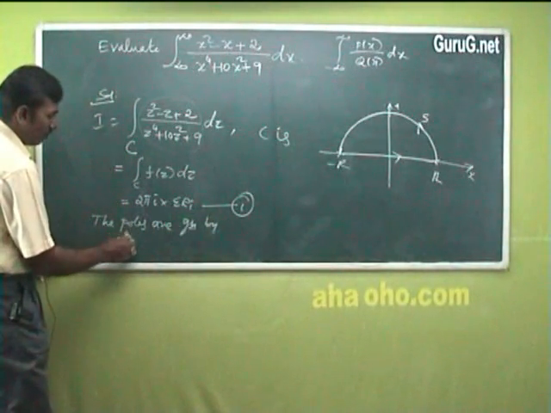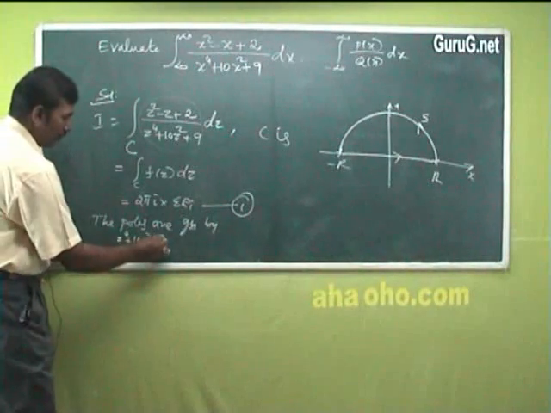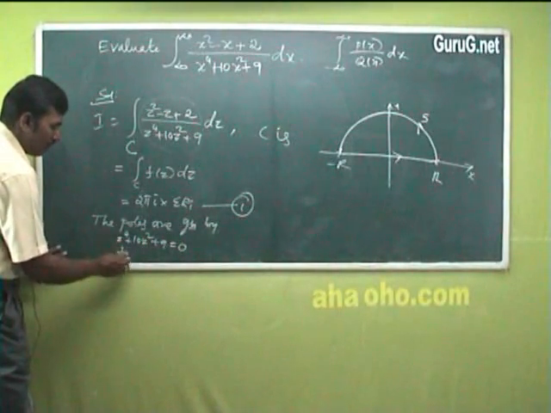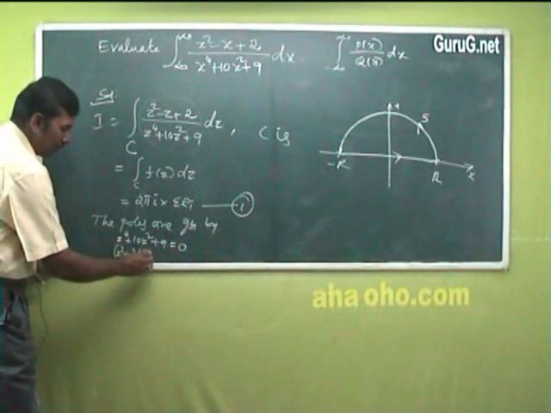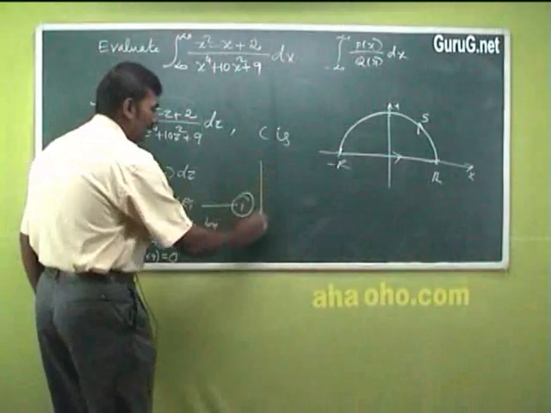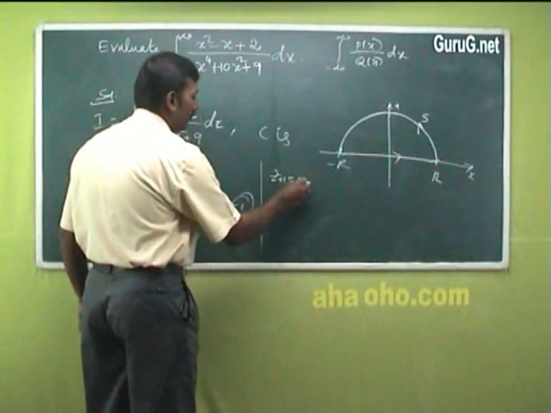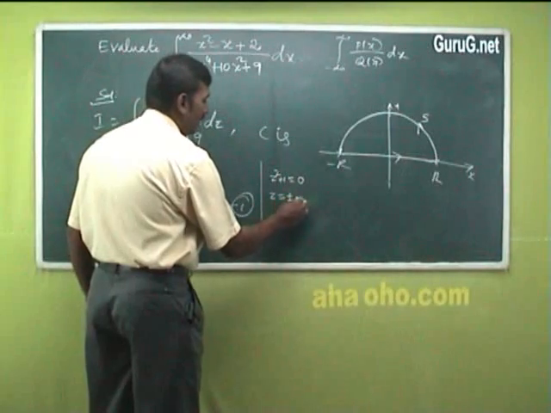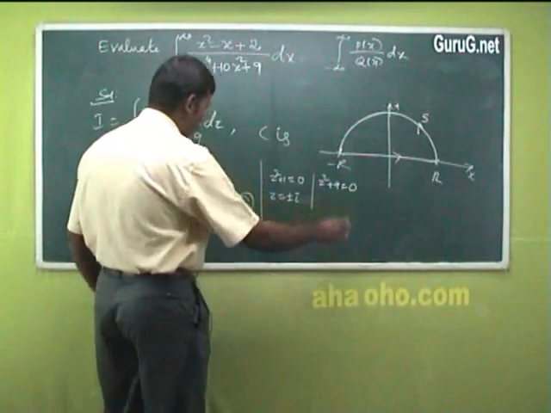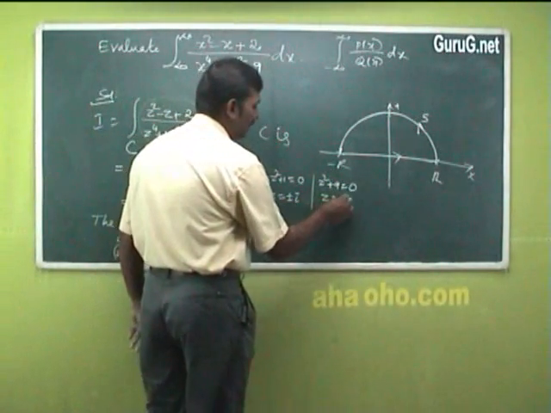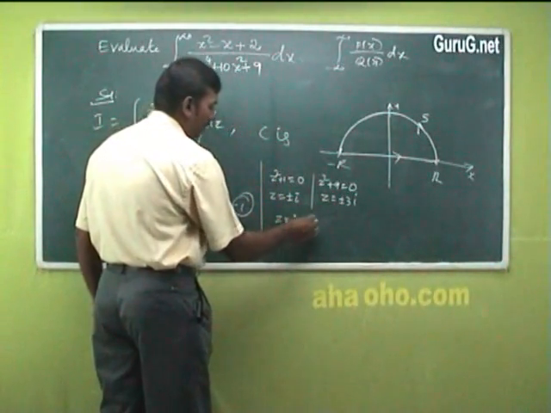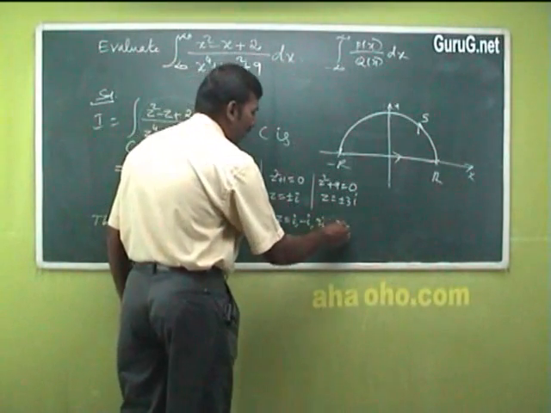So z power 4 plus 10z squared plus 9 equals 0. When we factor it, z squared plus 1 into z squared plus 9 equals 0. Then z squared plus 1 equals 0, which implies z equals plus or minus I, and z squared plus 9 equals 0, which gives z equals plus or minus 3i. So what are the poles now? z equals I and minus I, 3i and minus 3i.